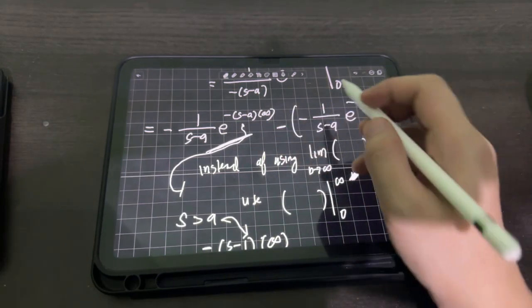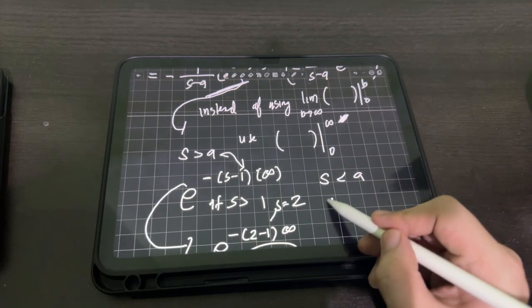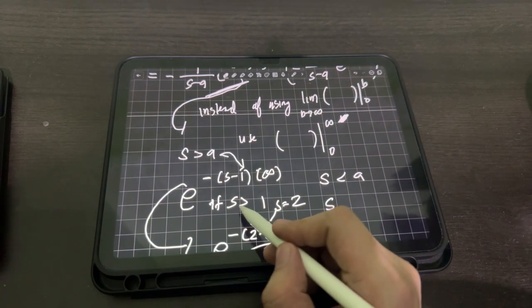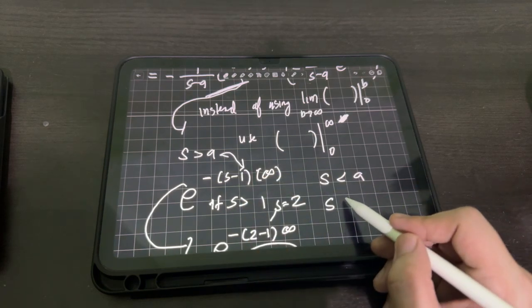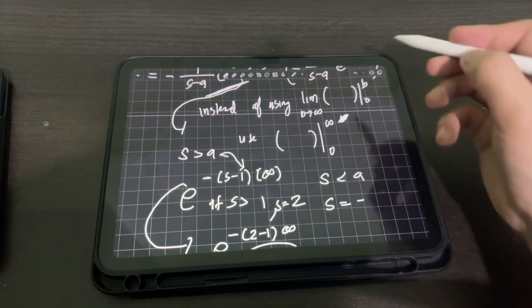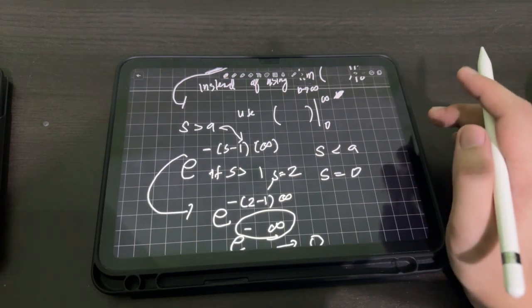will approach 0. Otherwise, if you assign s less than a, since our chosen a here is 1, let's assign s to be less than 1, let's say 0, okay? 0 because 0 is less than 1.